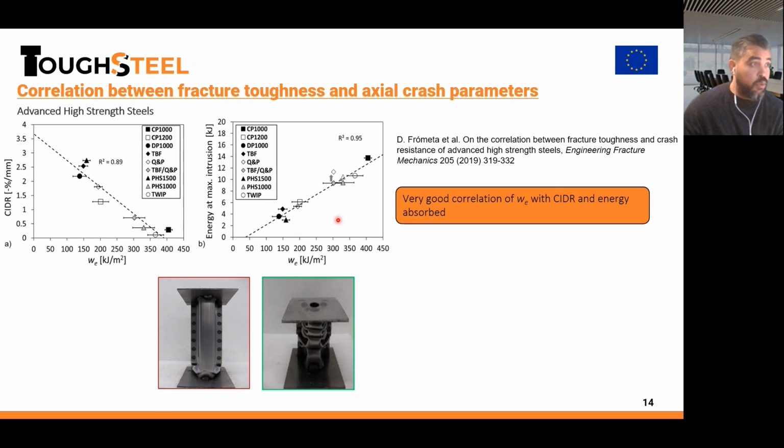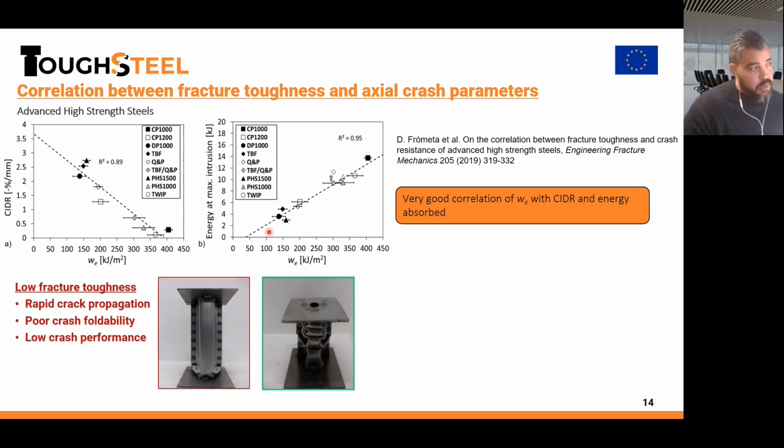And again, a very good relationship between the fracture toughness values and this energy absorption, which in turn, of course, this cracking behavior is strongly affecting the total energy absorbed, because it affects the bendability of the material, and this directly affects the total energy absorbed.